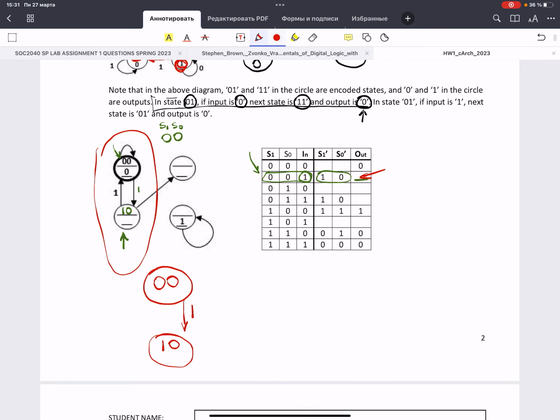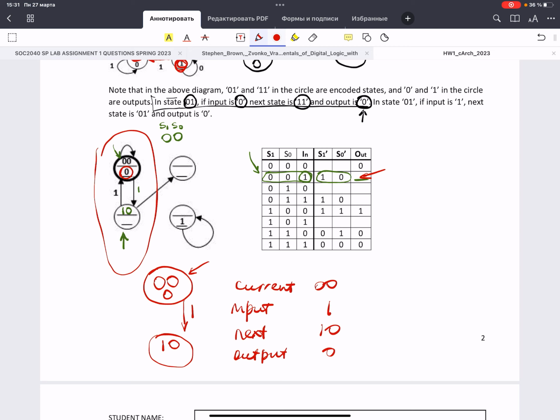Below the current state here is 0. So if the current state is 0, 0 and the input is 1, then the next state is 1, 0 and the output is 0.